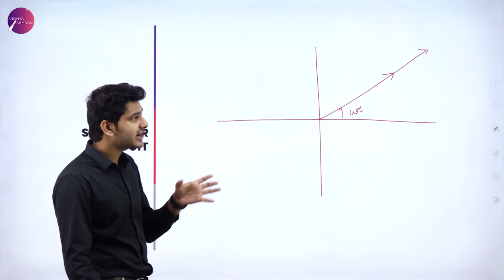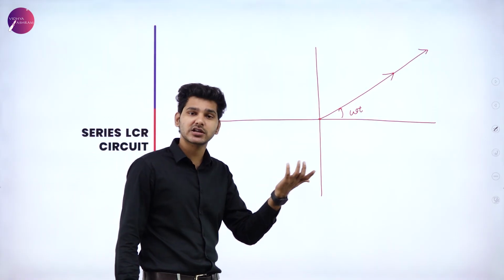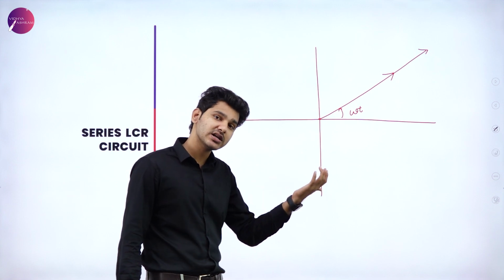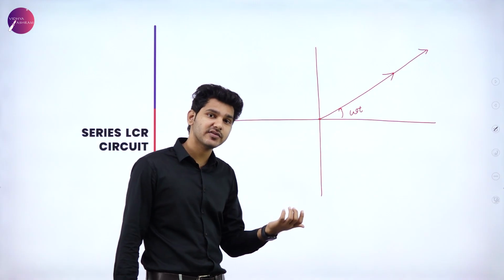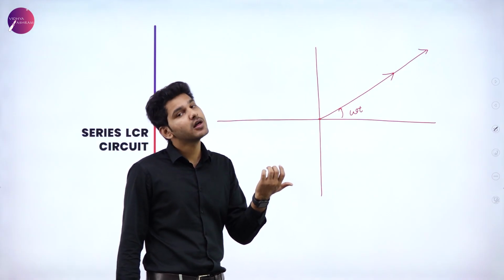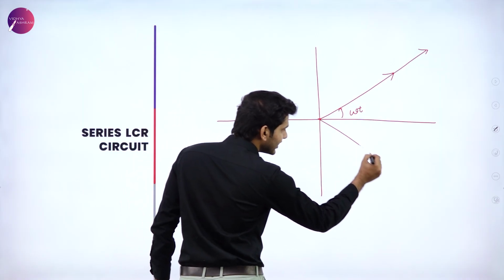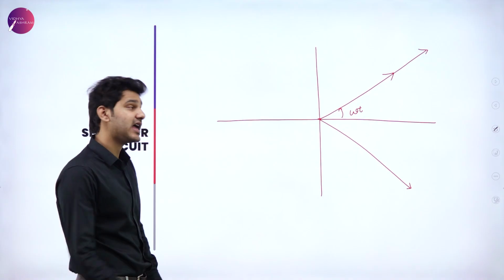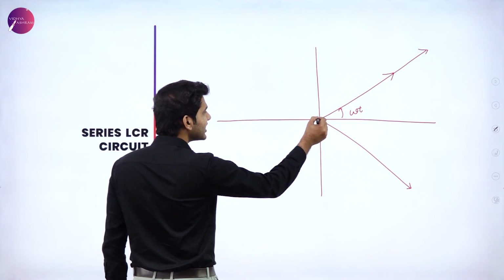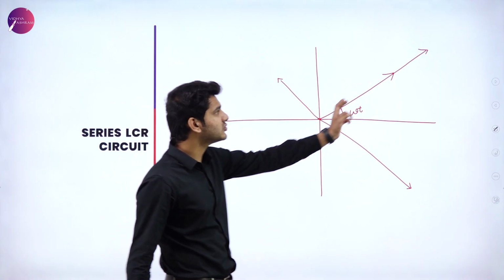So what is the speciality of the phasor diagram of an inductor and a capacitor? In one, current is lagging behind by 90 degrees, and in the other, current is leading by 90 degrees with respect to voltage.